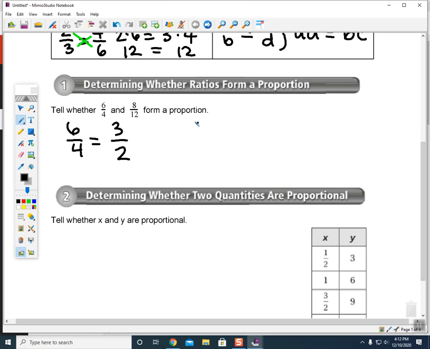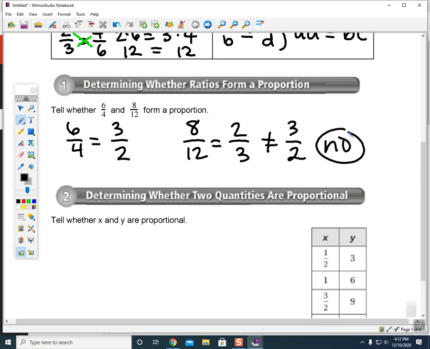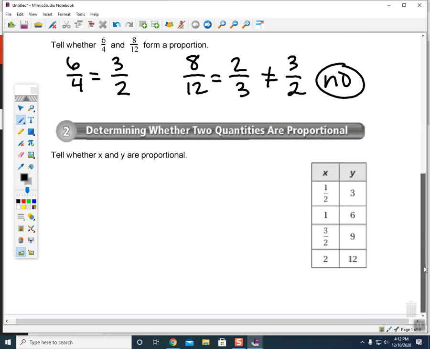Then the ratio 8/12, well, 4 goes into both of those. 4 goes into 8 twice, 4 goes into 12 3 times. Oops, 2/3 is not equal to 3/2. This does not form a proportion. Right, that's all I'm looking for. Do they reduce down to the same value?